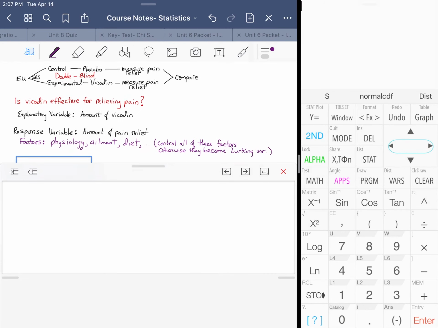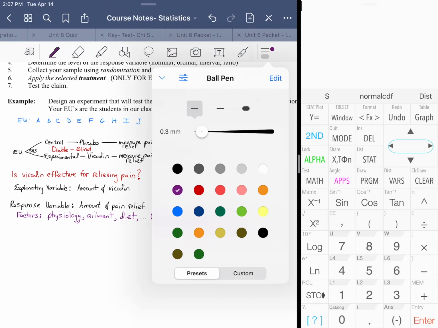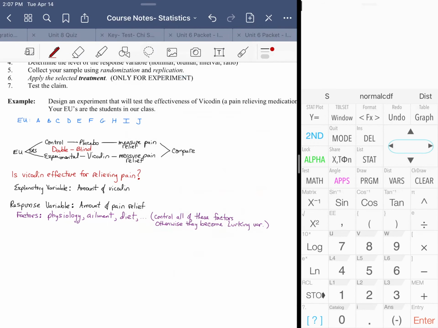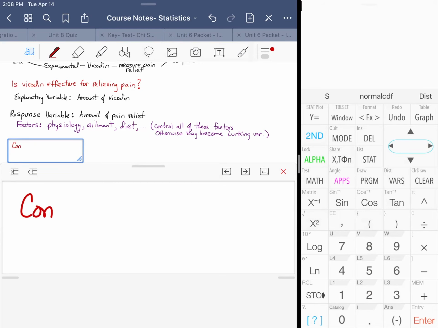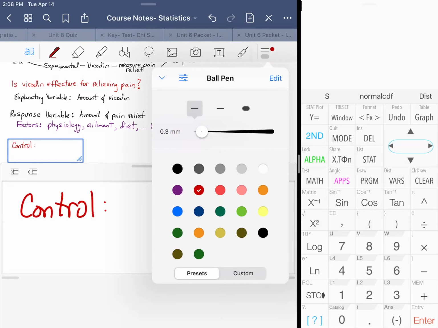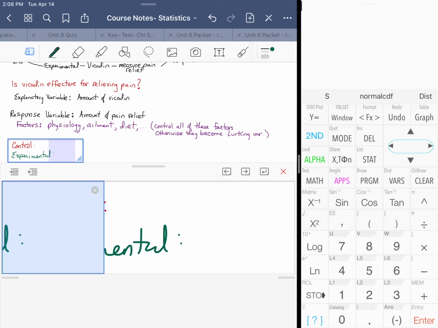Sample size. We have 10 people, so now I've got to start breaking them down. That's where our calculator comes into play. I'm going to go with red, for those keeping score at home, for control, and then green for experimental.